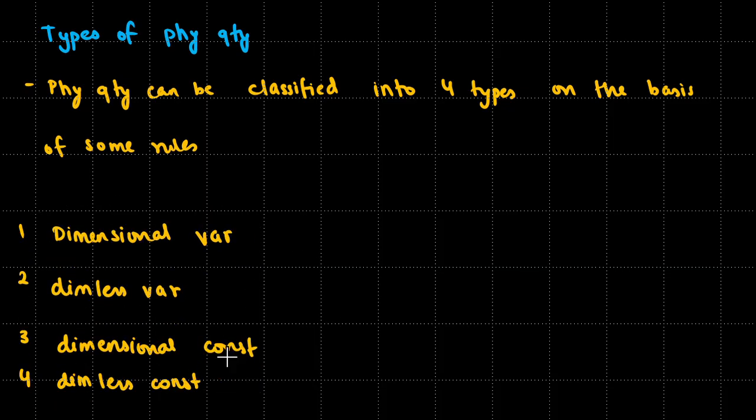So let's move it a little bit up so that I can make it a little bit more pretty. Okay, let's talk about the first one, which was dimensional variable.